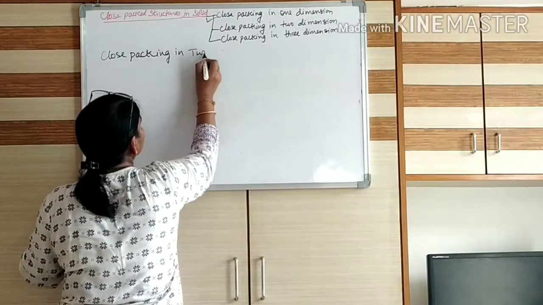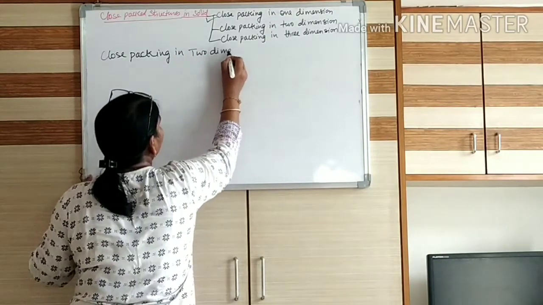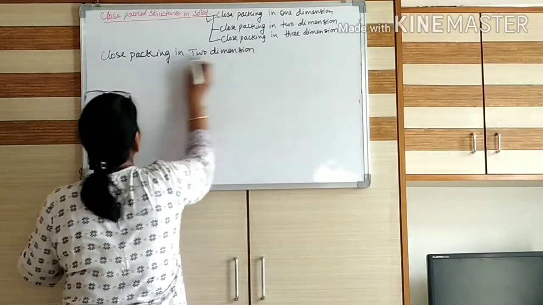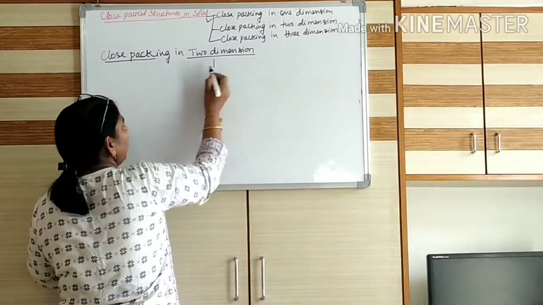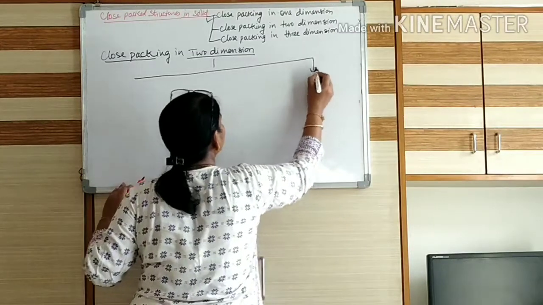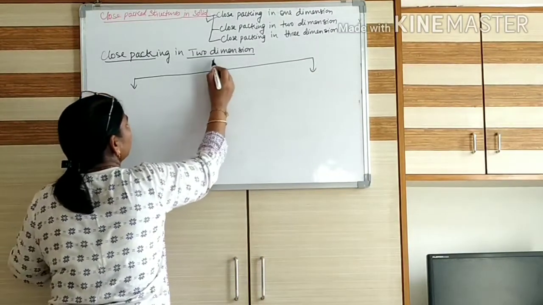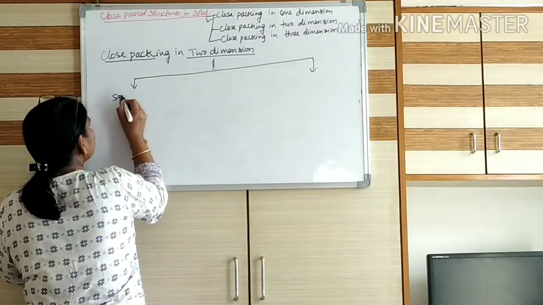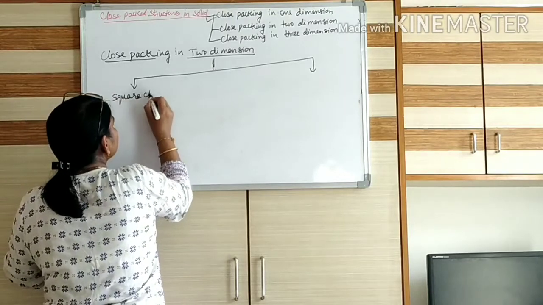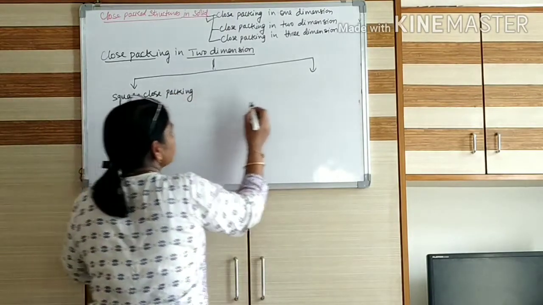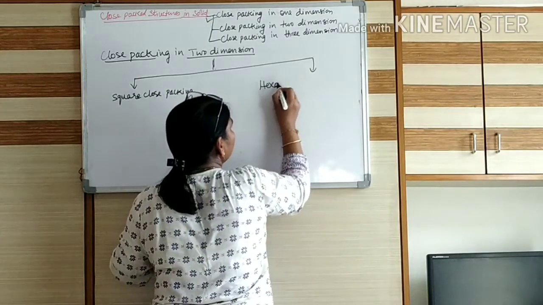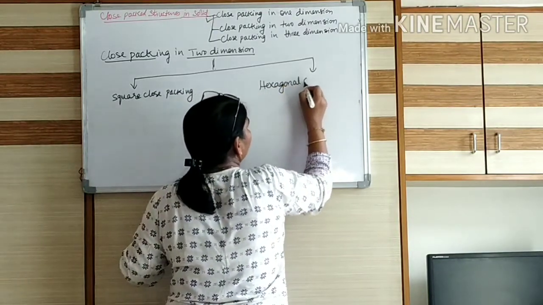Close packing in two dimension, it is of two types. One is your square close packing, and another is your hexagonal close packing.